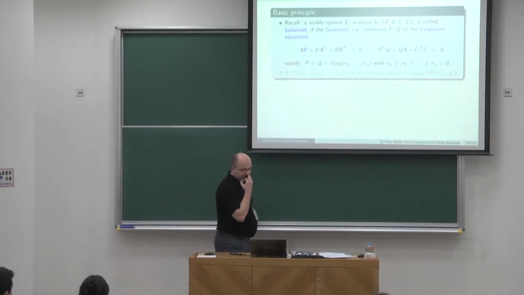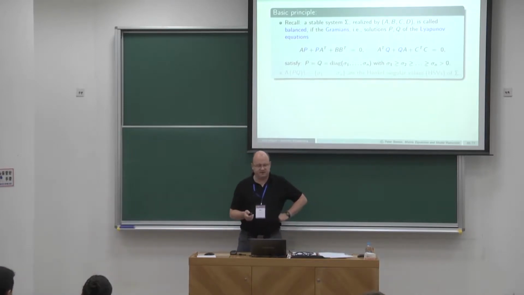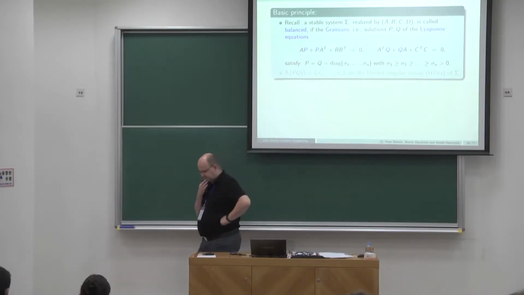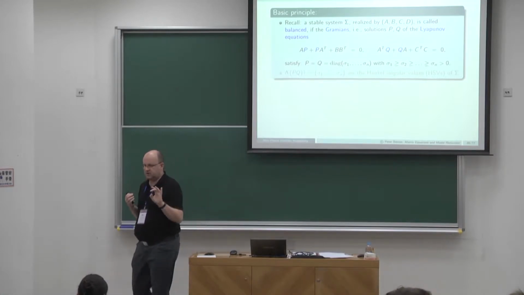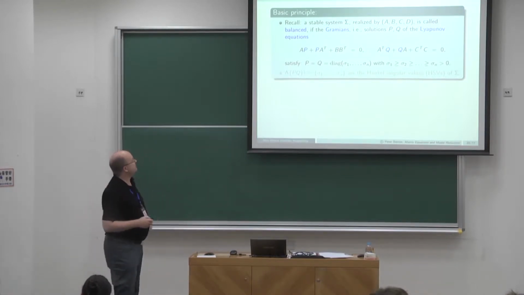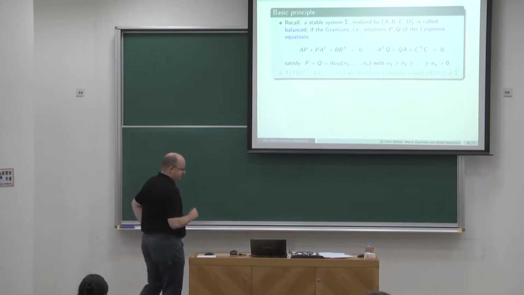So in a nutshell, we just remember that for a stable system, which we assume throughout at least the first half of this section, realized by A, B, C, and D. Again, now I leave out the E matrix.